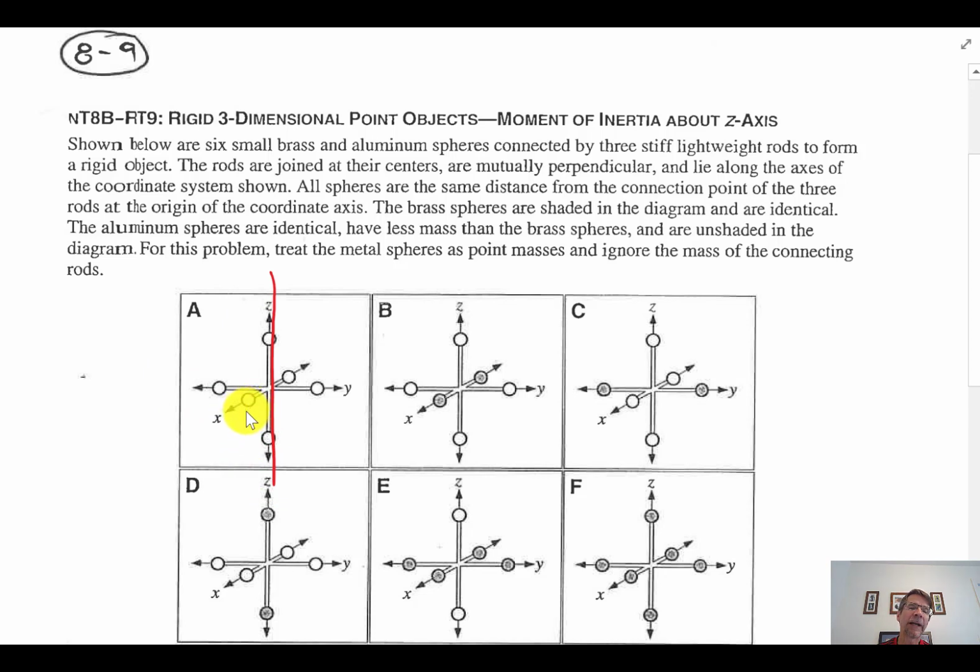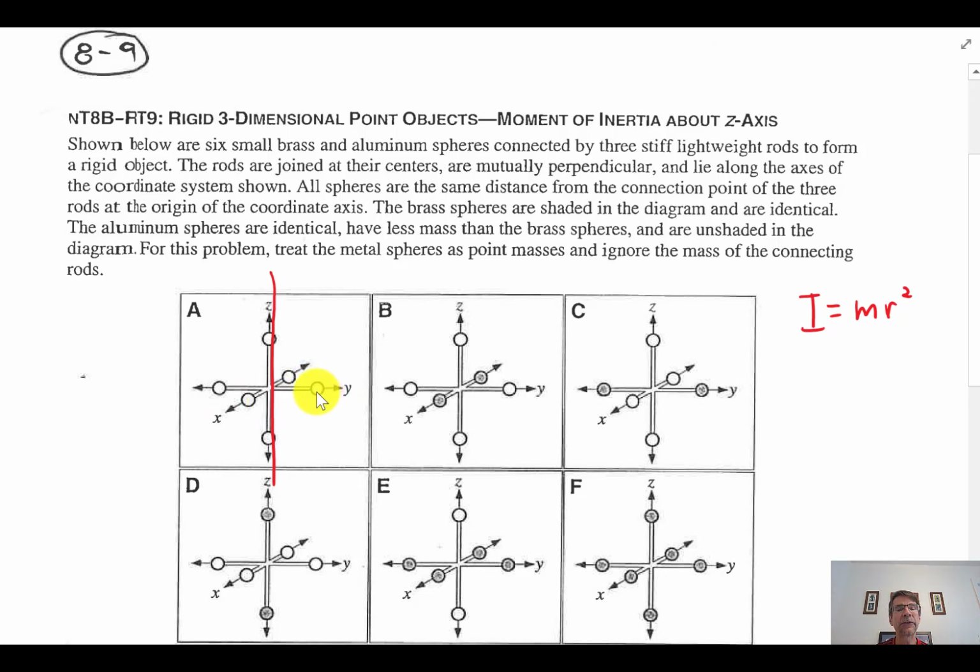So bottom line is you'll have 4 point masses, and the moment of inertia for a point mass is just mr squared. And in case A, there's 4 aluminum masses, and we'll say each of them has a mass of 1 at a radius. All the radii are the same here.